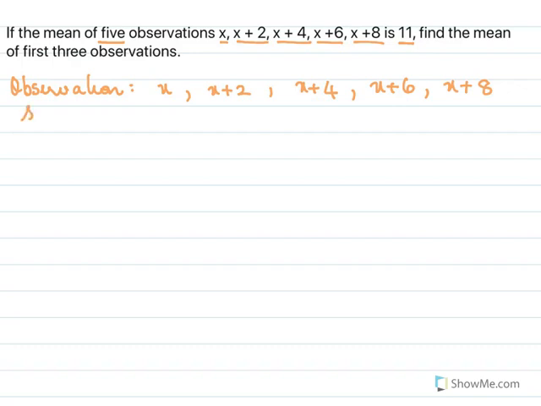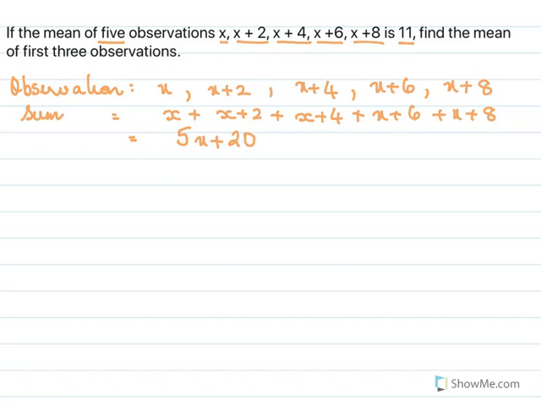So the sum of the observations will be x, x plus 2, x plus 4, x plus 6, and x plus 8. So you'll have now 1, 2, 3, 4, 5 x's. So you'll do 5x plus 2 plus 4, 6, 6 and 6 would be 12, 12 plus 8 would be 20. So this is 20.